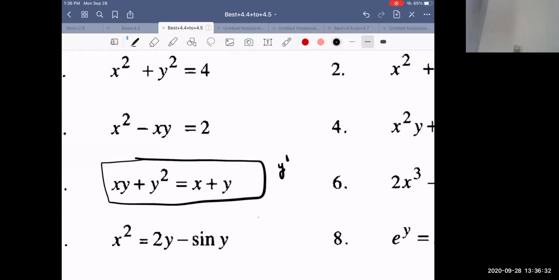What was the answer to the last one? Let me know when you get an answer.